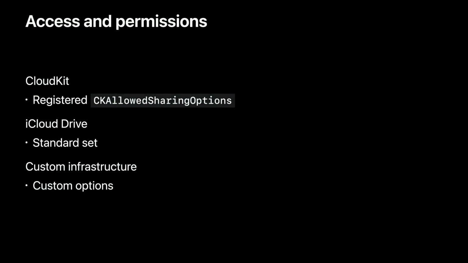For CloudKit adopters, this view shows the set of options registered in the collaboration object. iCloud Drive adopters show the standard set of iCloud Drive options. If you have a custom infrastructure, watch the Integrate Your Custom Collaboration App with Messages video for how to specify your custom options and have them show up in this view.